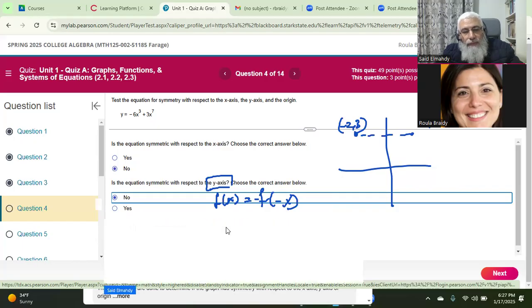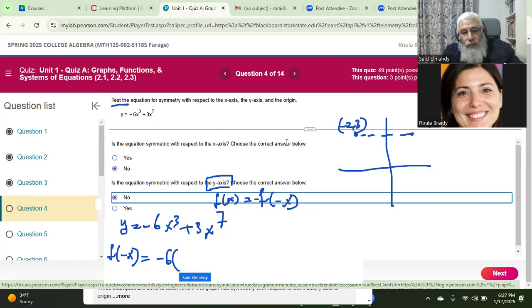So y equals negative 6x cubed plus 3x to the power 7. What about the second one, f of negative x? We just substitute: 6 times negative x cubed and 3 times negative x to the power 7.